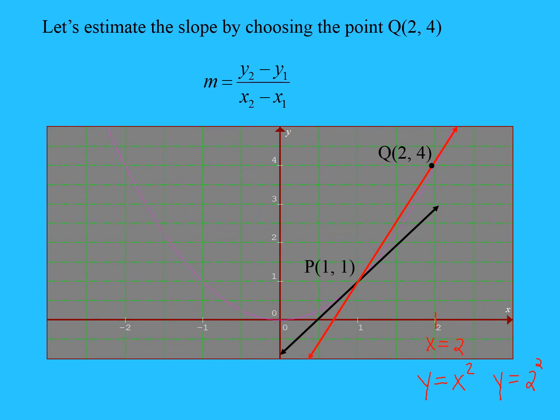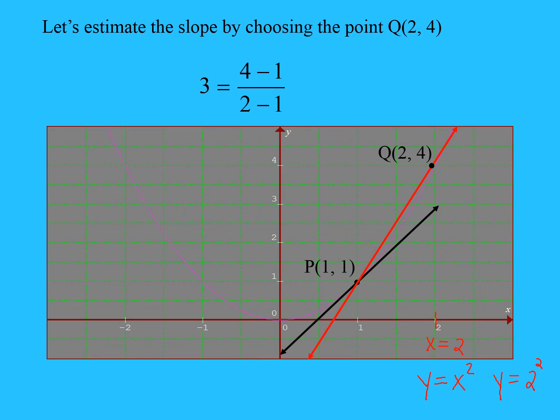We could choose the point x equals 2, and we know the associated y value, we could just plug in 2 to our equation, y equals x squared. So we'd get y equals 2 squared, which is 4. That's how we come up with the point (2, 4).